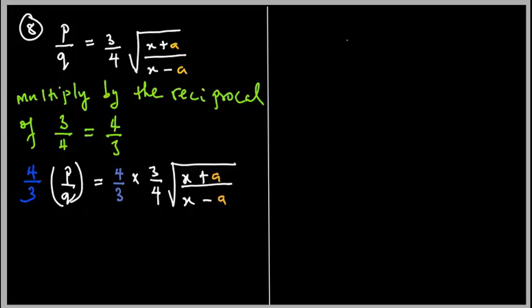4/3 times P/Q. You get simply 4 times P is 4P over 3 times Q, 3Q.